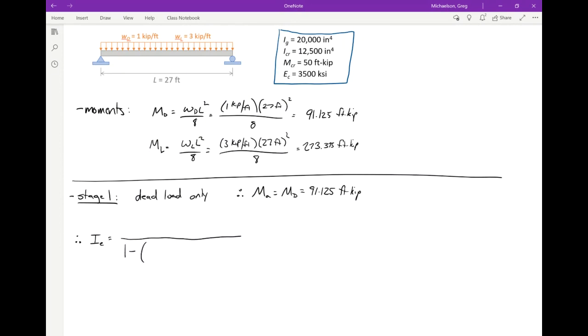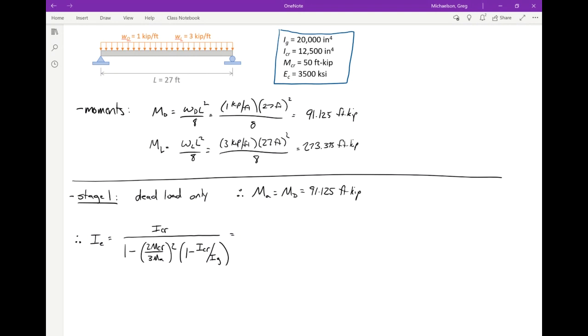It is 1 minus 2 MCR over 3 MA squared, 1 minus ICR over IG, times ICR.